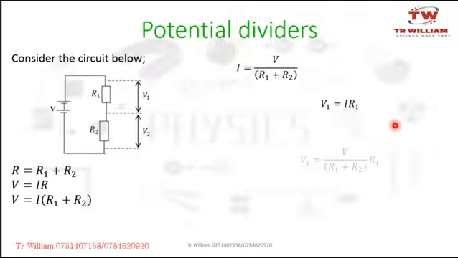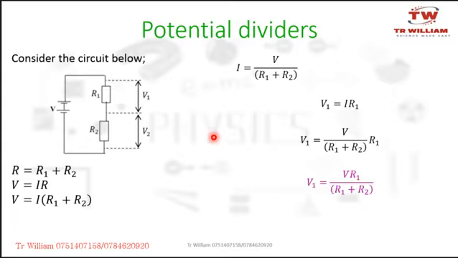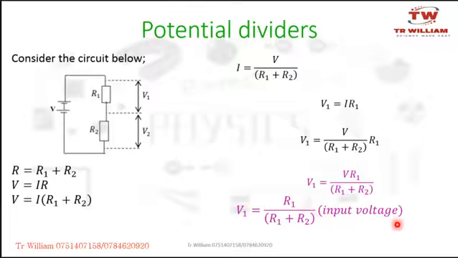Meaning the voltage across resistor 1 will be given by input voltage out of total resistance multiplied by the resistor R1. Or in simpler terms, as a final expression, it will be this. If I simplify it, because V times R1 is VR1, you realize that the voltage across that resistor will be given by that resistor divided by total resistance in the circuit times the input voltage.